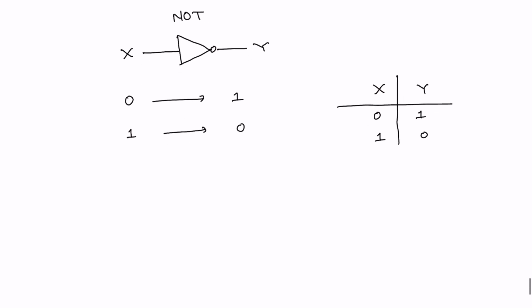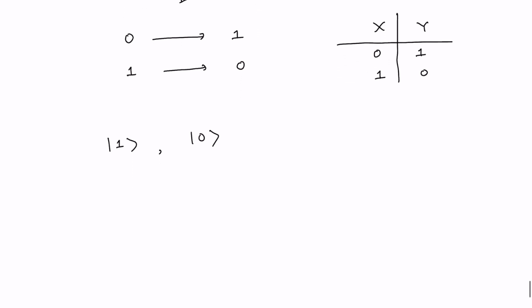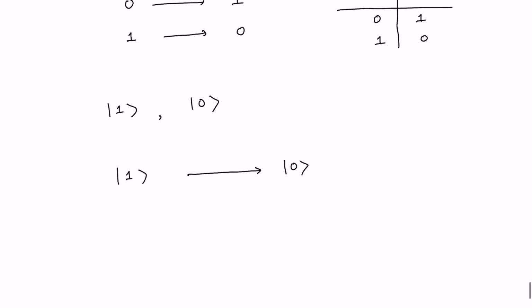Alright, now in the quantum context, instead of bits we have quantum states, say ket 1 and ket 0, and we want an analogous gate operation in the quantum regime, where if we have ket 1, then because of this quantum NOT operation we should get ket 0 at the output, and if the input quantum state is ket 0, then at the output the quantum state should be ket 1.